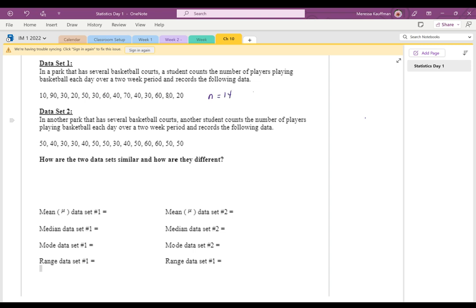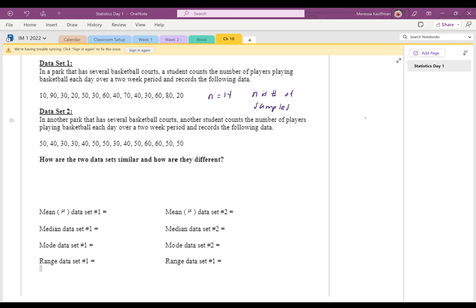My n is the number of samples that we took over the 2-week period. So I know I have 14. When I add all these together, I'm going to divide by 14, and that's going to give me my mean. So go ahead and get your calculators out now if you haven't already. Let's see if you get the same number as me.